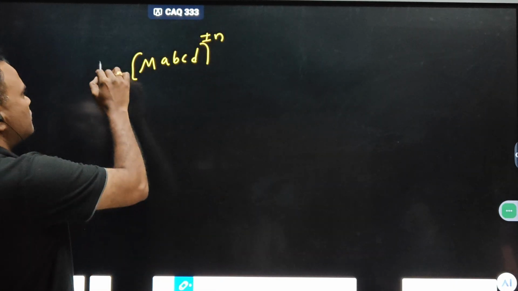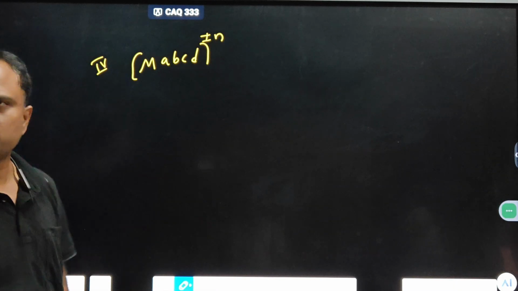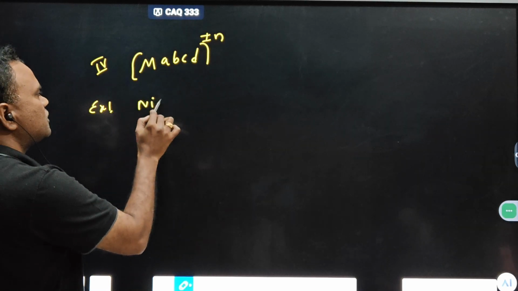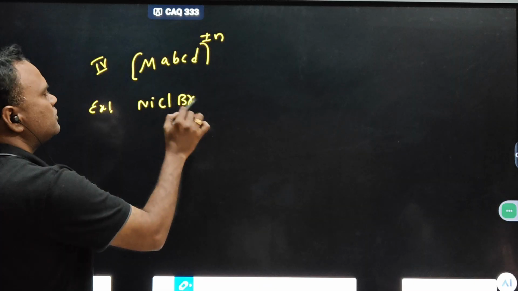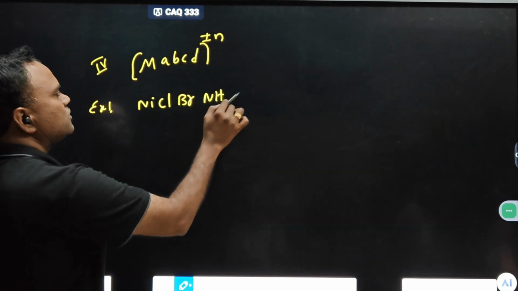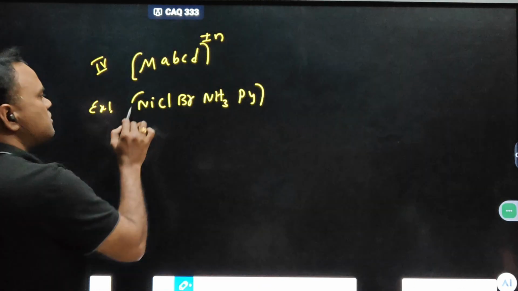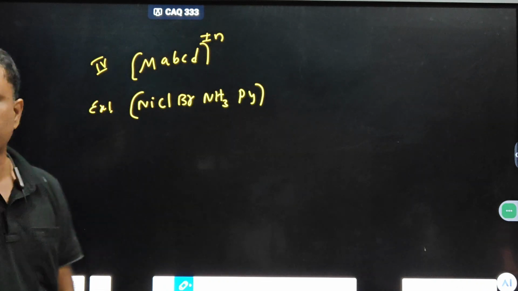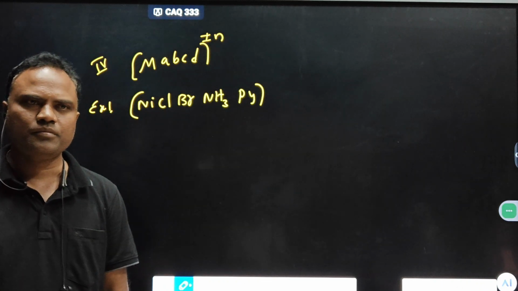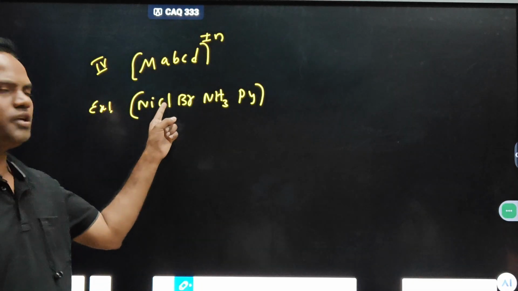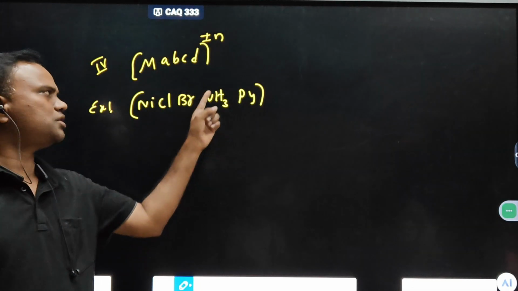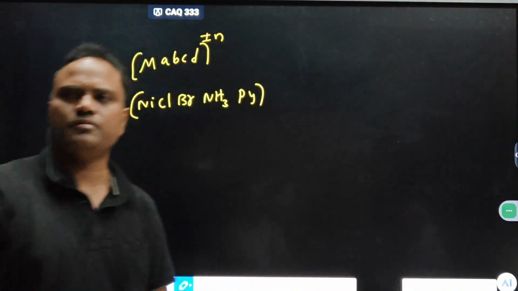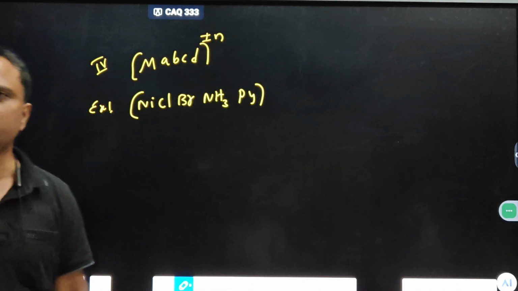This is Roman number 4, the fourth category. Examples: nickel, chlorine, bromine, ammine, and pyridine. First, check which category this comes under. ABCD: chlorine is A, bromine is B, ammine is C, pyridine is D. It is MABCD type.